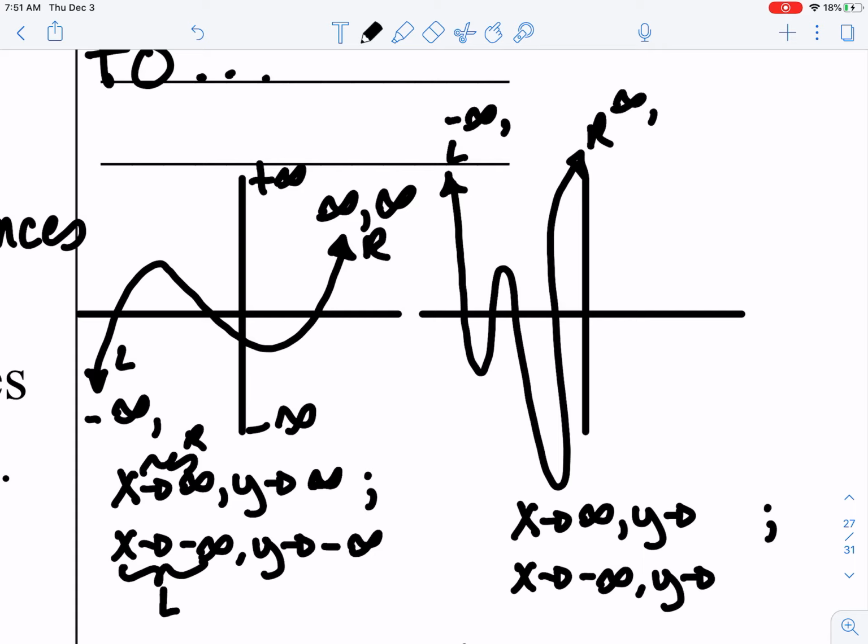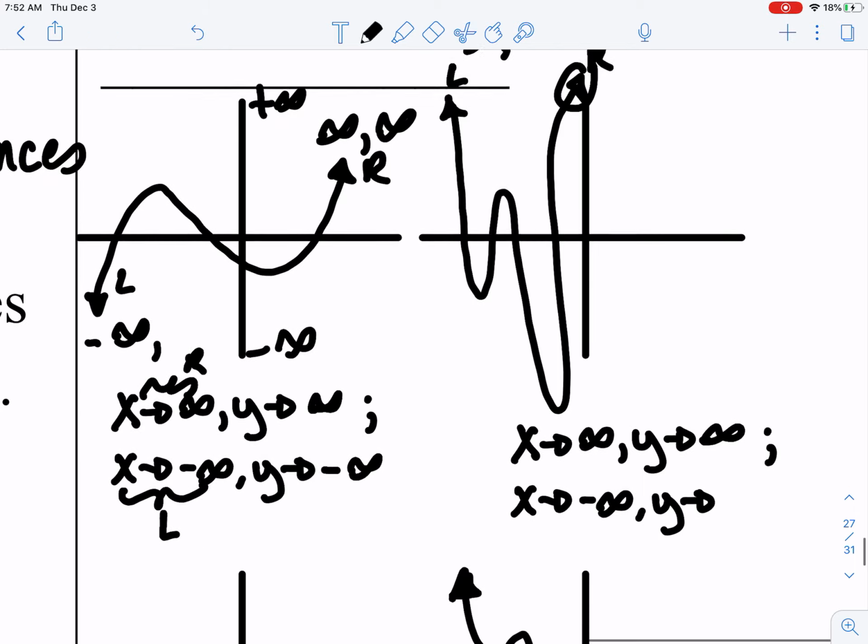Now we need the y value. So x goes to positive infinity. The arrow right here is pointing up, so it's pointing to positive infinity. As x goes to negative infinity, so my left arrow, y goes to, it's pointing up, so it's positive infinity. Okay.